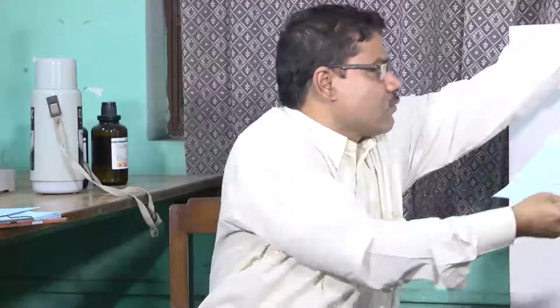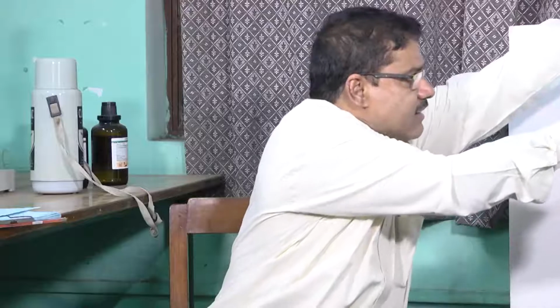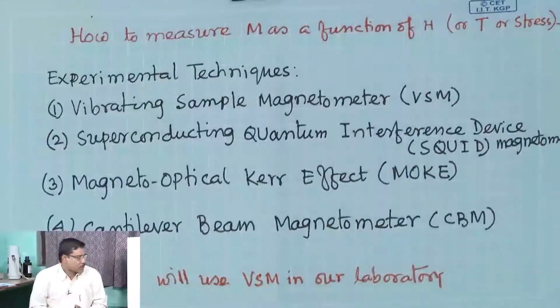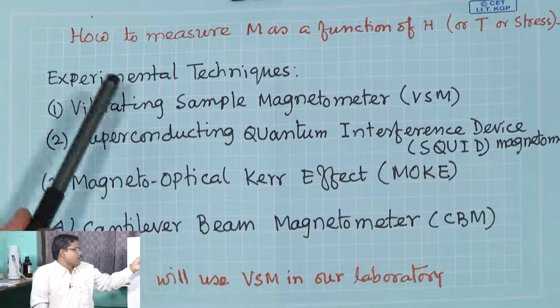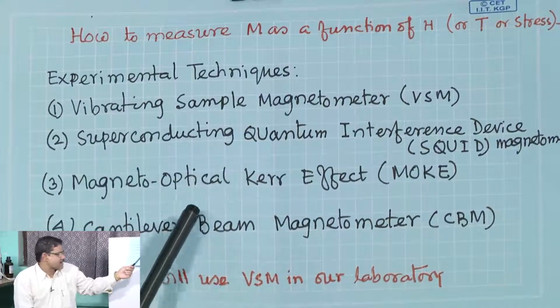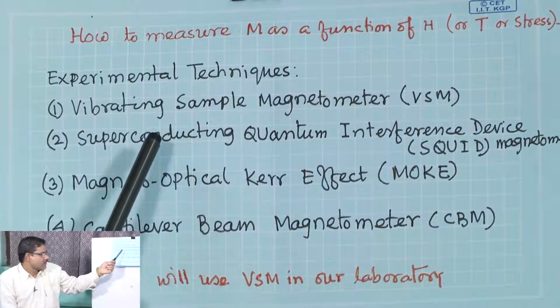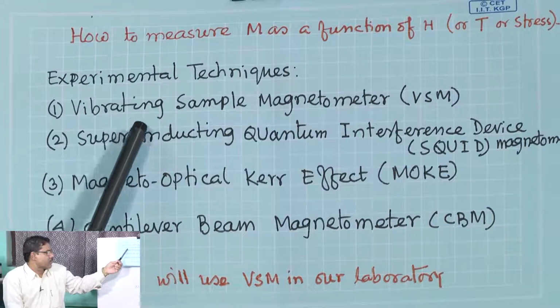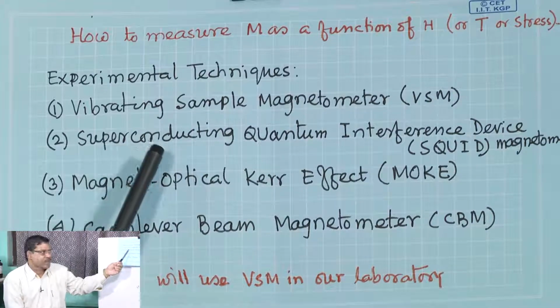Now, how to measure the magnetization as a function of magnetic field. There are different experimental techniques for measuring magnetization as a function of magnetic field. Very famous techniques, frequently used especially in research laboratories.